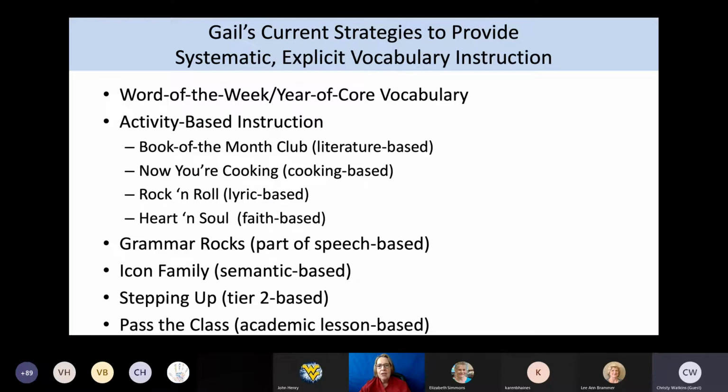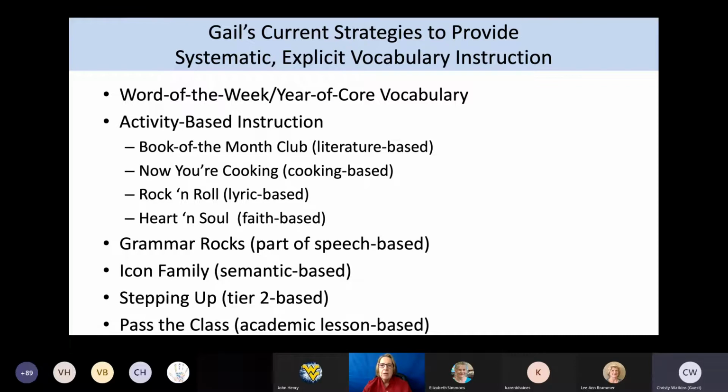We're going to spend our time primarily today on the vocabulary aspects of it, as well as the grammar parts of it. I'm not really going to spend a lot of time, if any, on the pragmatics parts of it, the reasons to communicate, but that can be built into all of these other strategies.